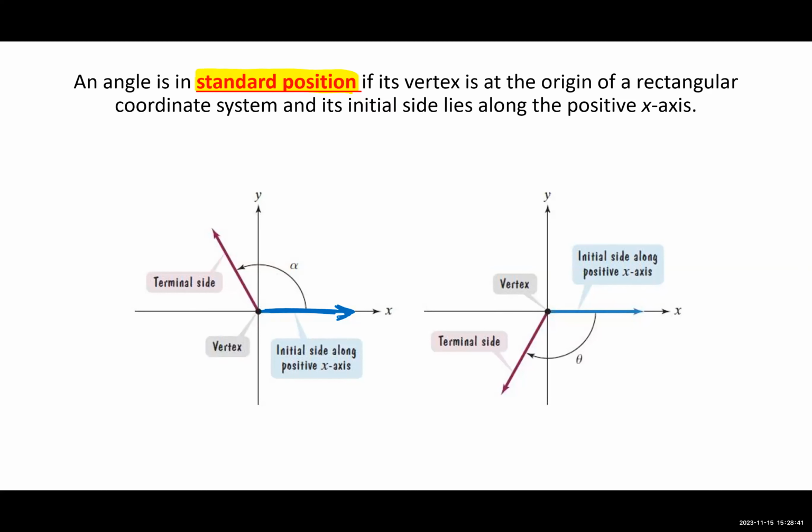And also, just to be consistent, so everyone is doing things the same way, positive angles are rotating in the counterclockwise direction. Counterclockwise.